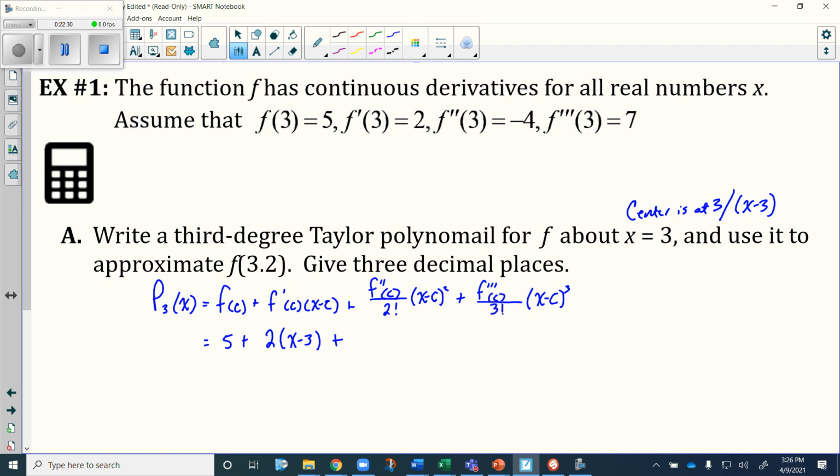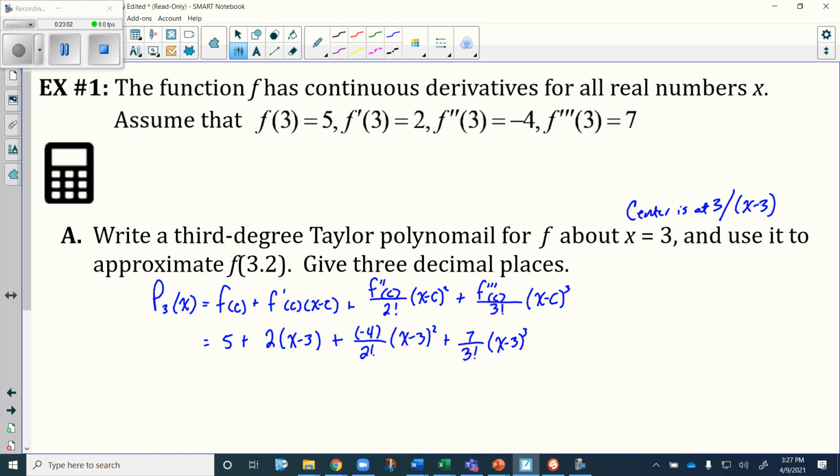We have f double prime of 3, which is negative 4, over 2 factorial, times x minus 3 squared, plus f triple prime of 3, which is 7, over 3 factorial, times x minus 3 cubed.